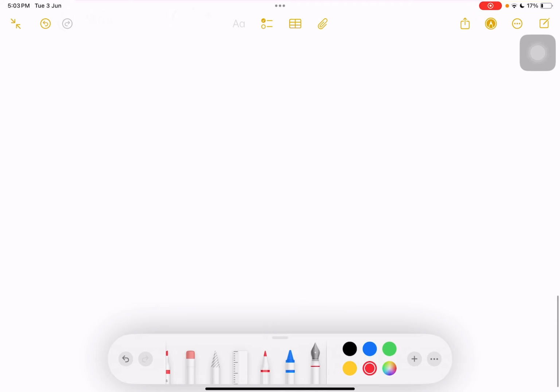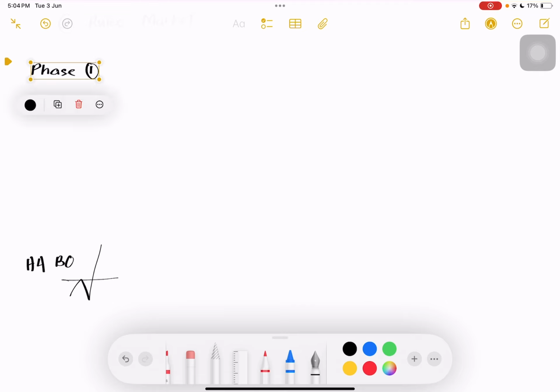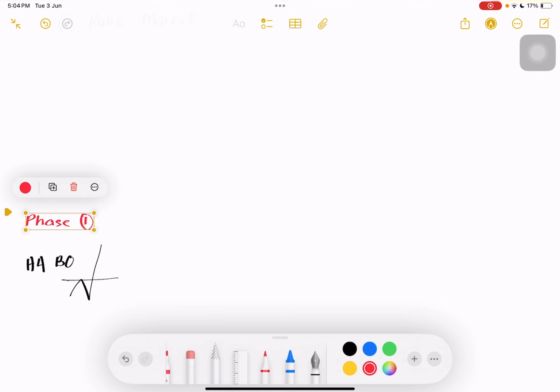How to entry? For example, I see here H4 record by H4 BO. So like I said, we are at phase 1. When I'm at phase 1, what do I need to do?